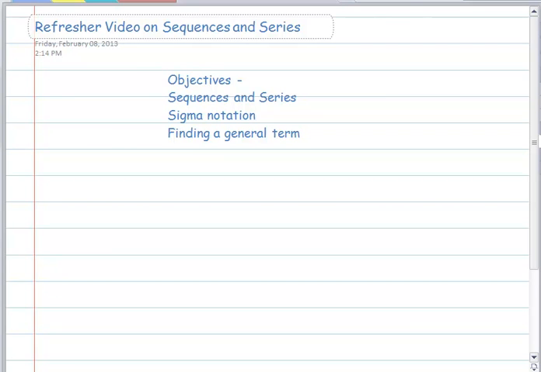And the first thing we're going to start off with is what is a sequence. A sequence is just a set of numbers that may follow a pattern, and it's separated by commas, and usually with a sequence there's some sort of pattern associated with it.